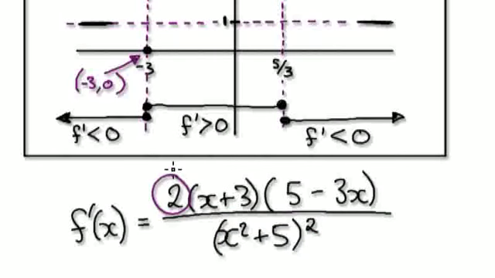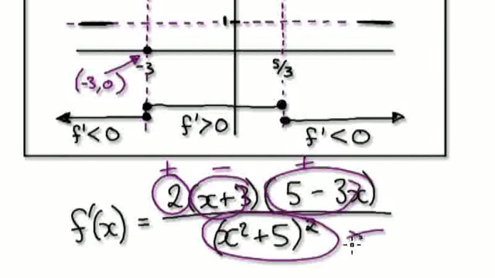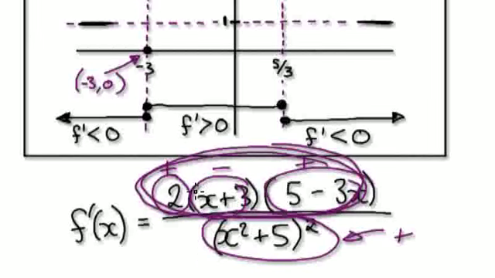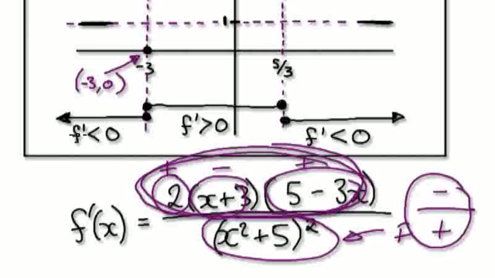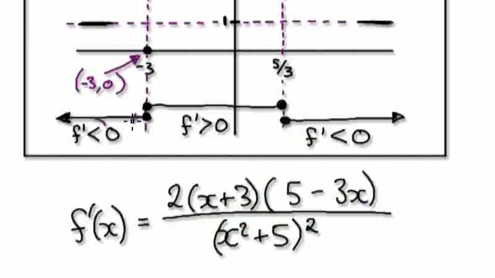So the numerator will always be negative and the denominator will always be positive. So overall, the answer will be negative. No matter what you select within this region, f prime will be less than 0.